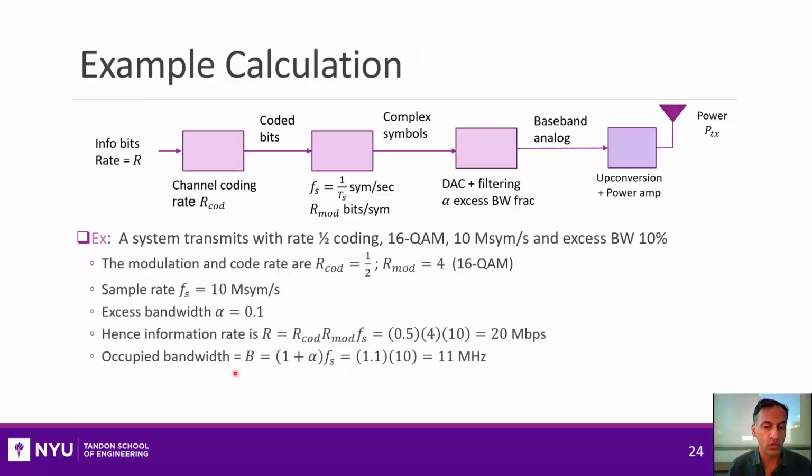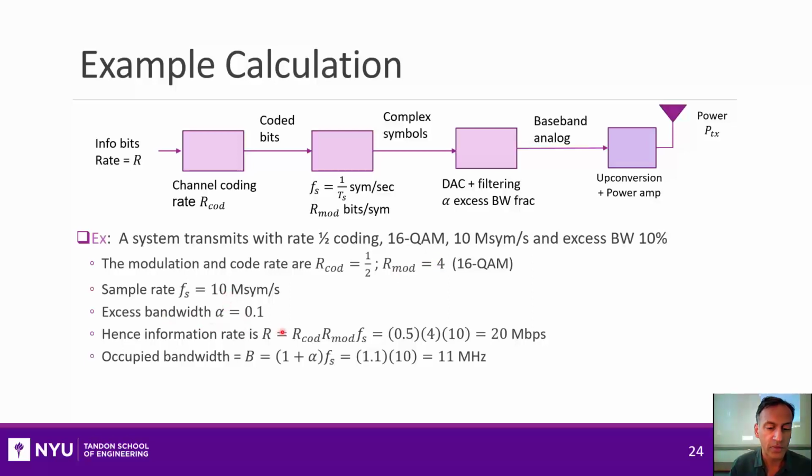Okay, let's just do a sample calculation to review and make sure that you understand all the concepts. Suppose that the channel coding is 1/2, and we use 16 QAM, and 10 megasymbols per second with an excess bandwidth of 10%. So when you look at numbers like this, that means that the code rate is 1/2 and the modulation is 4, because there are 4 bits per symbol, because it's 16 QAM. Symbol rate is 10 megasymbols per second.